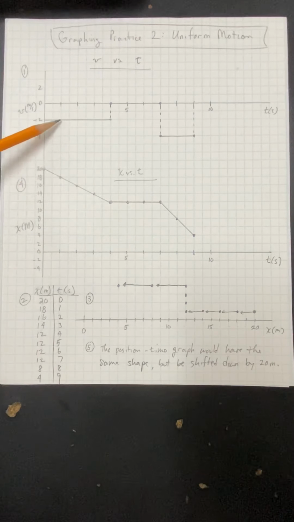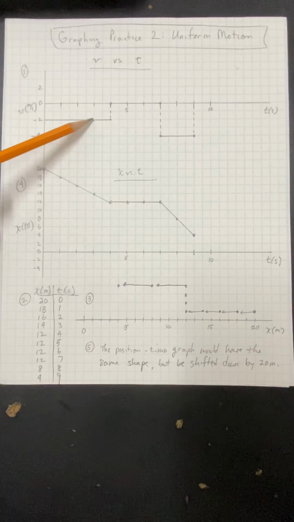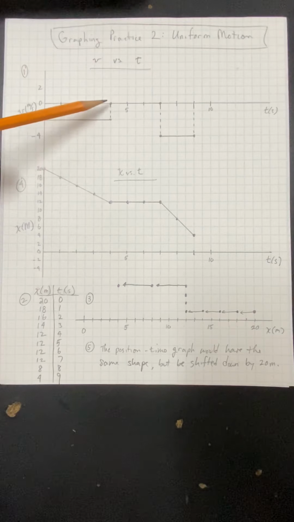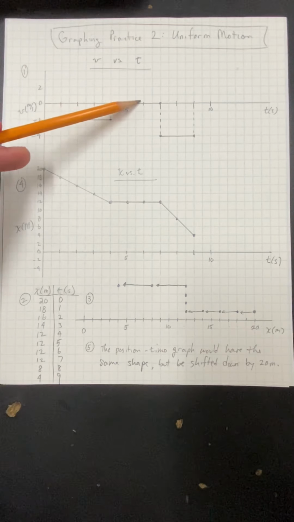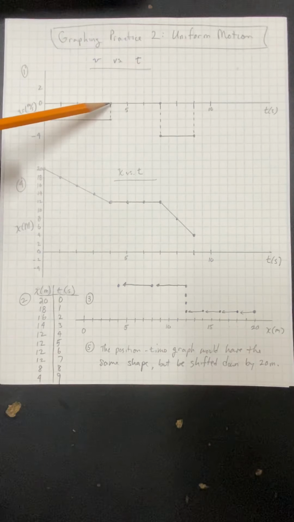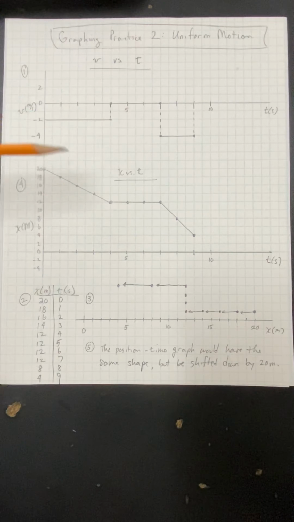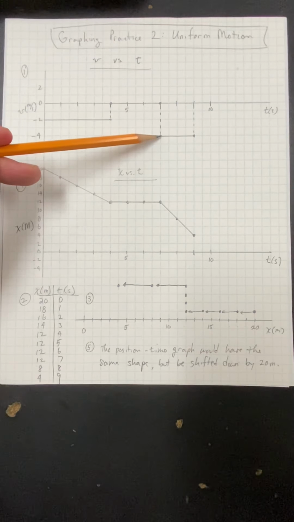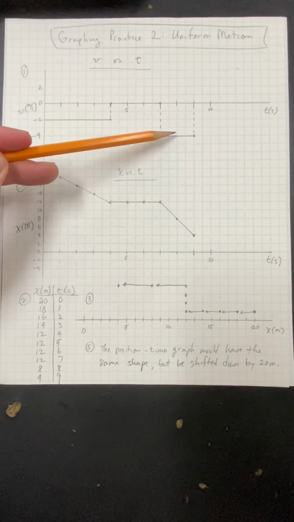Now, I didn't put every point here because I knew it didn't change. Then, for 1, 2, 3 seconds, the object remained stationary, has no velocity. And then for 2 seconds, it had a uniform, unchanging velocity of -4 meters per second.